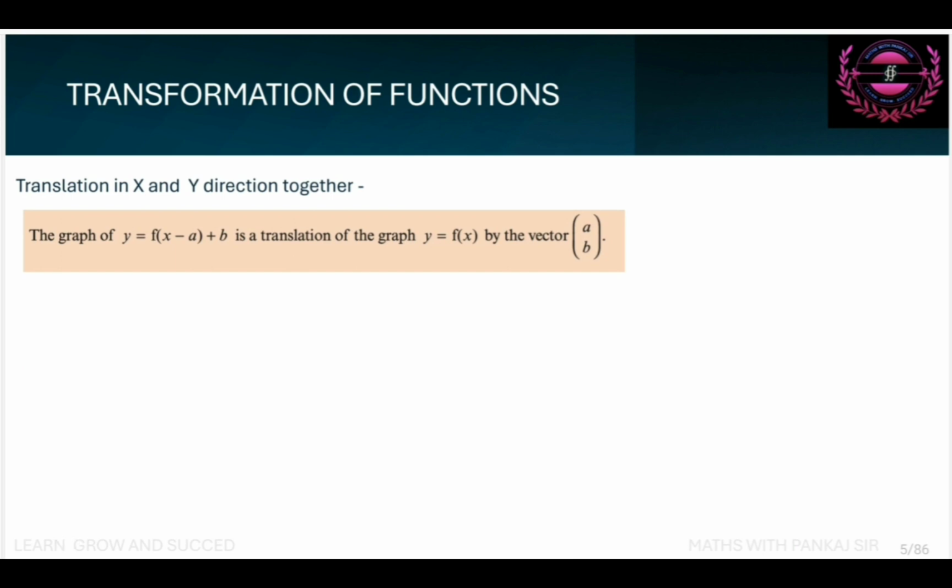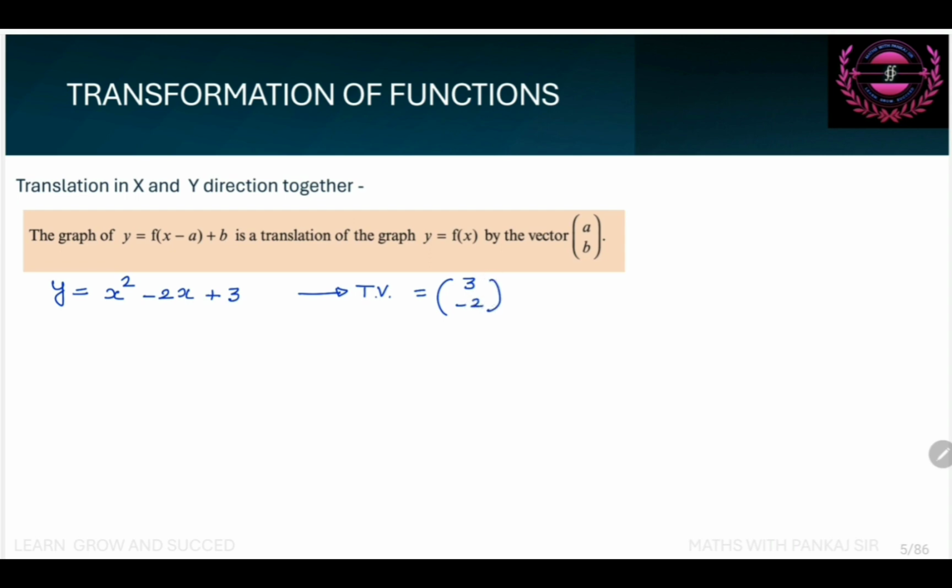Transformation of functions, translation in x and y directions together. So if I have to translate a graph in x and y directions together, we will understand it with an example. Let's say we have again a function x squared minus 2x plus 3. We have to translate this graph with a translation vector (3, minus 2).